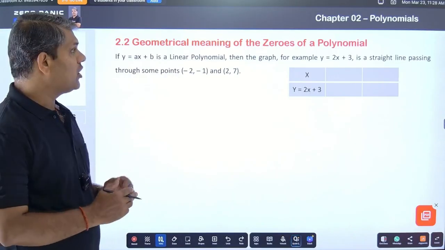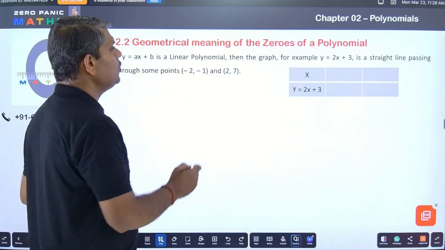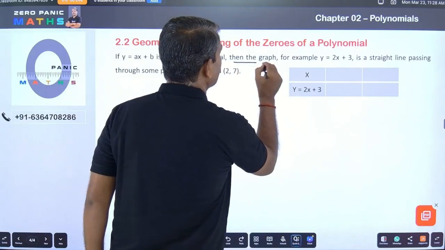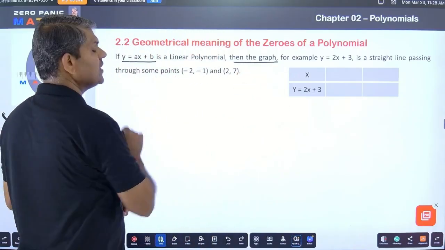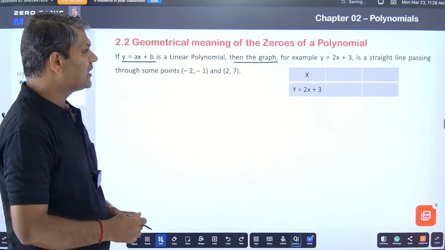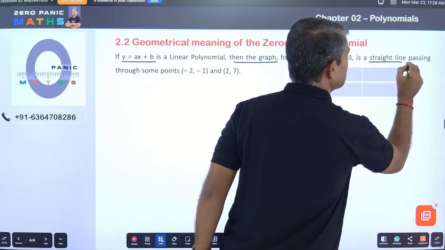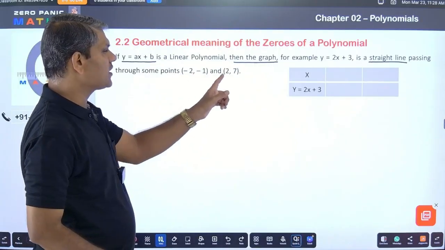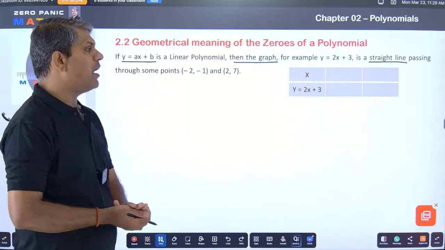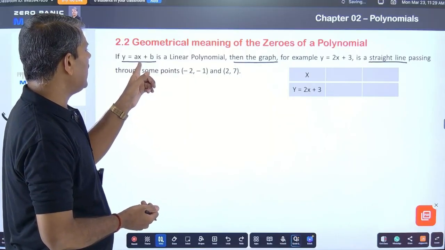Here you can observe one important feature: if you plot a graph of a linear polynomial, y is equal to ax plus b, then that graph is always going to be a straight line, and that straight line passes through some points. Let us verify that by plotting the graph of a linear polynomial ax plus b.